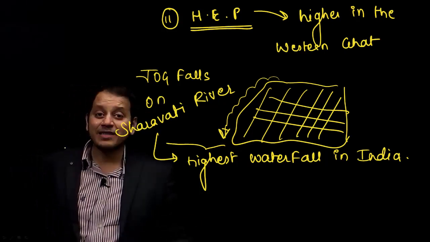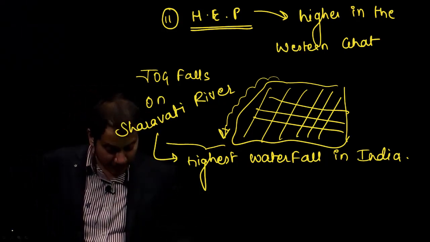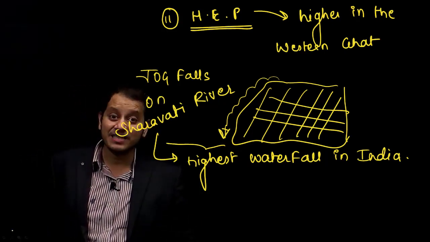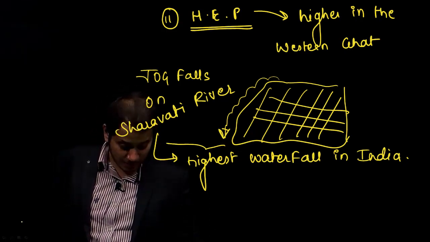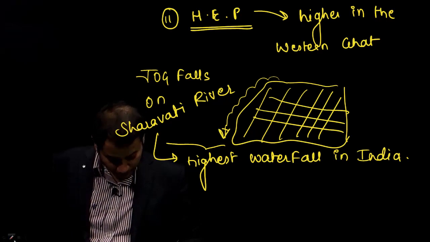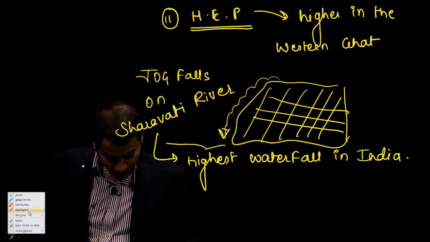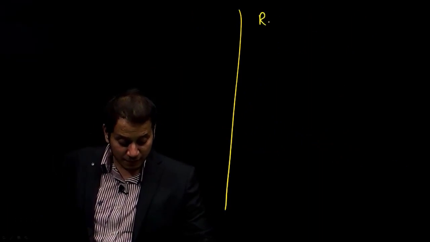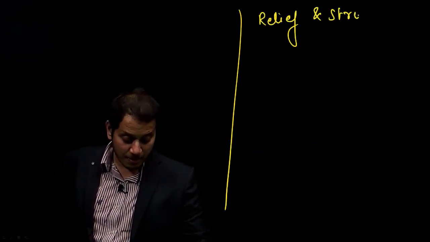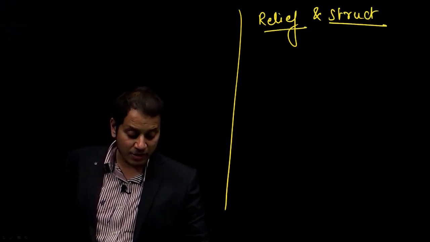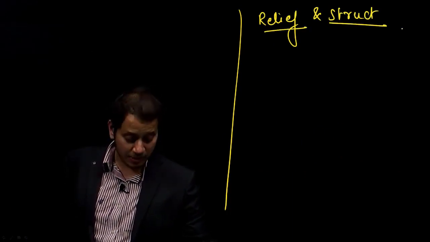So what are the points of differences we did? We did the differences between the Western and Eastern Ghats in terms of relief and structure. Relief is higher, structure is continuous, while the Eastern Ghats are discontinuous.